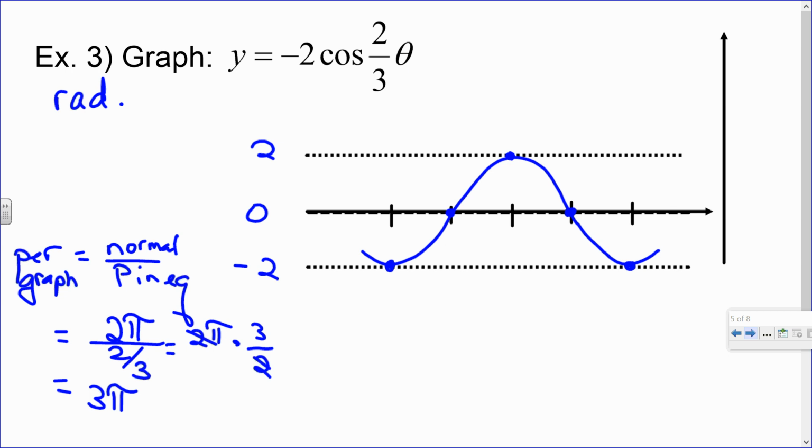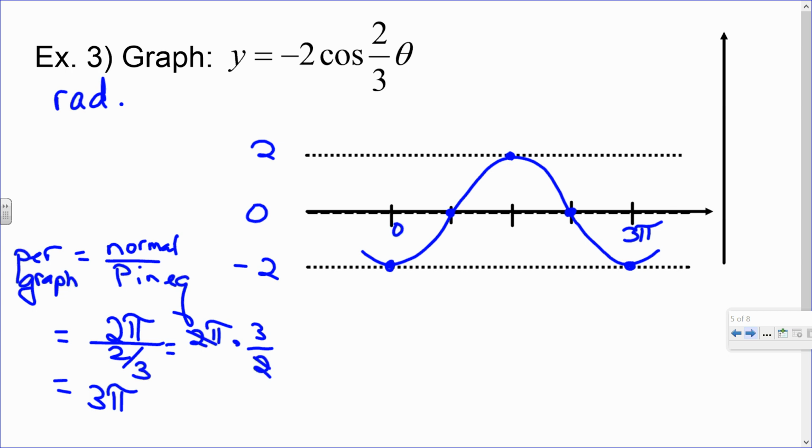Since there is no phase shift, I can go ahead and write my angles on my first graph. I do not have to do scratch work. So my first one is going to be 0, and my last one is going to be 3 pi. Read, what's the middle one? Yeah, keep going.